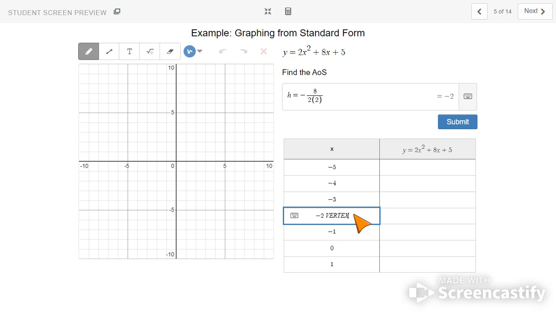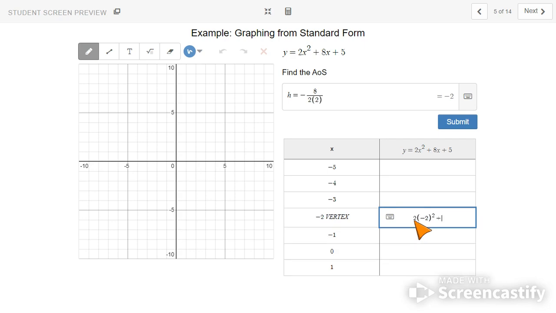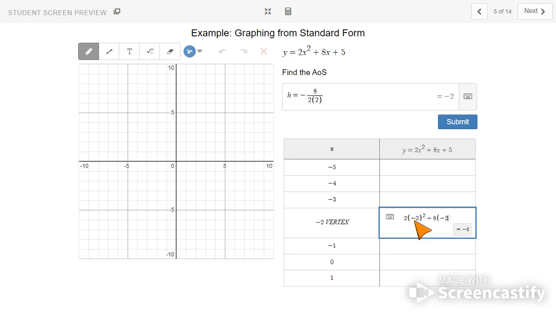Negative 2 is our vertex. So 2 times negative 2 squared plus 8 times negative 2 plus 5, negative 3. Negative 2, negative 3.